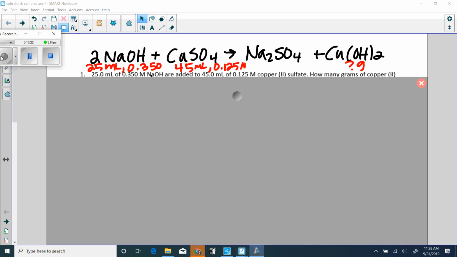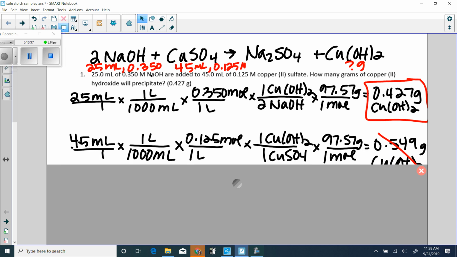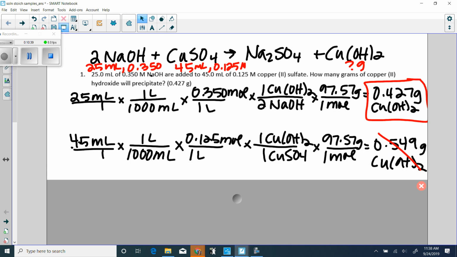This is a limiting reactant problem, because we have both of the reactants and don't know which one's going to run out first, and we're solving for copper 2 hydroxide. So you need to do your fractions twice. Choose the smaller answer. Cross out the bigger answer. Push your own buttons and just look at mine to check. This is called practice.